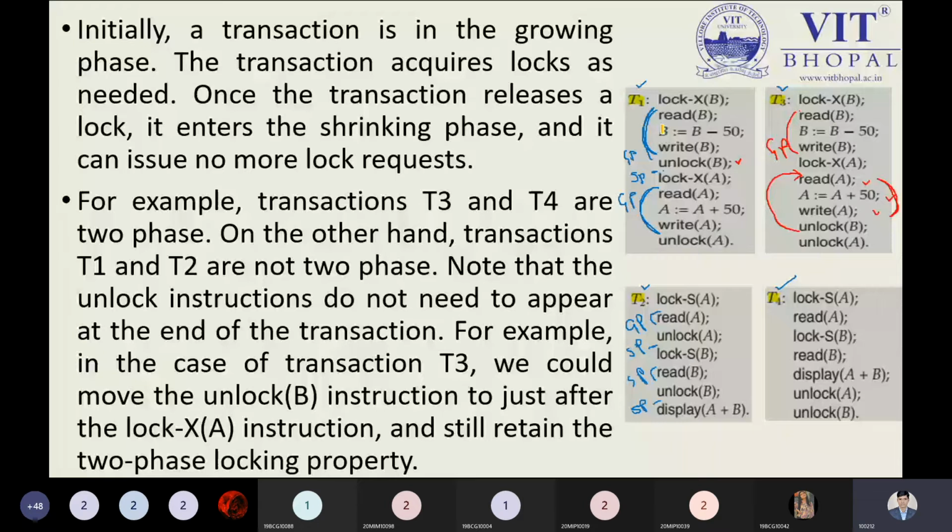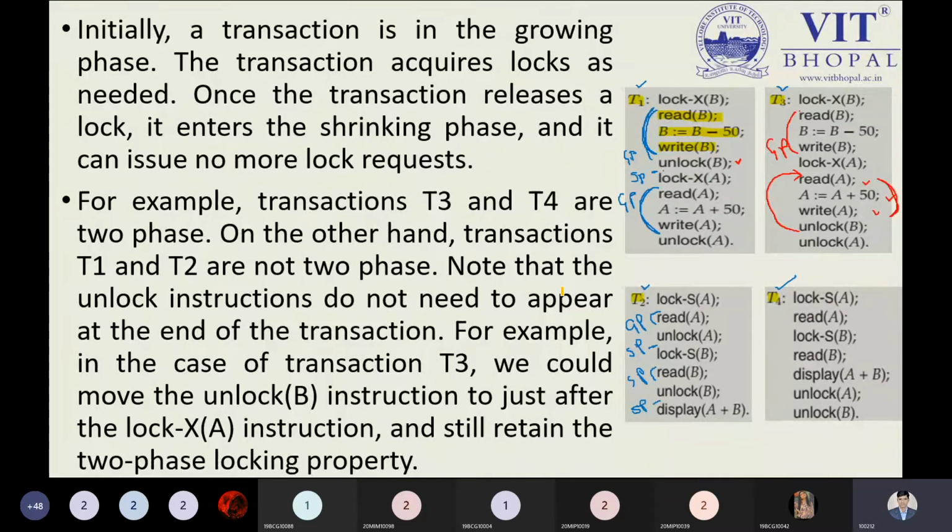In the T1 transaction, I'm using the lock X B. So what I'm doing, I'm using the read operation, and then I'm subtracting 50 rupees and I'm writing the operation. So these three statements would be part of the growing phase of the B data item, under the lock exclusive.